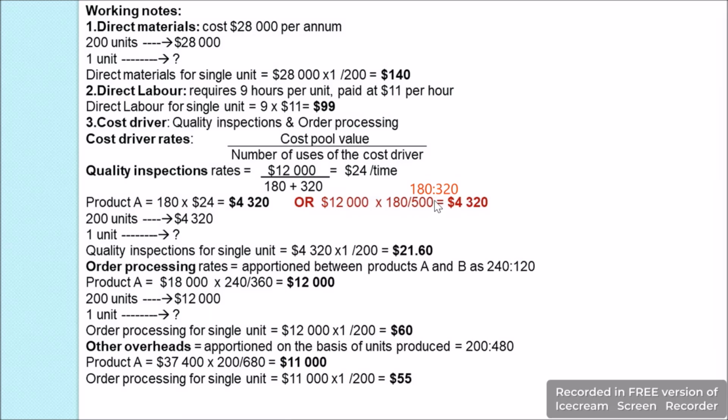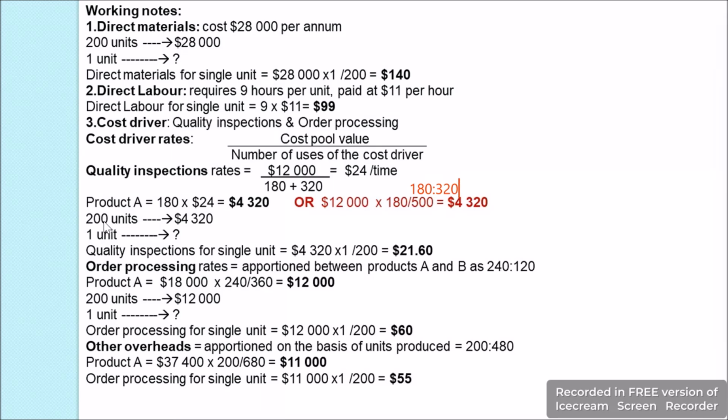This will be simple, and as we are not asked about the cost drivers, we can just use this, that is, we can take 12,000, multiply it with 180 and divide it by the total, that is 180 plus 320, which will be 500. So we get the same value of $4,320. We can do it this way as well. But as the question is about ABC costing, I have explained with the help of the formula as well.